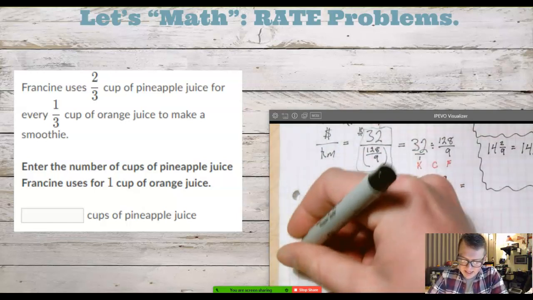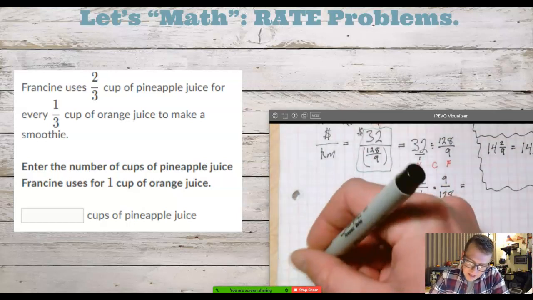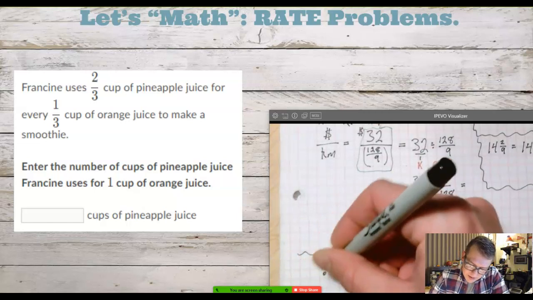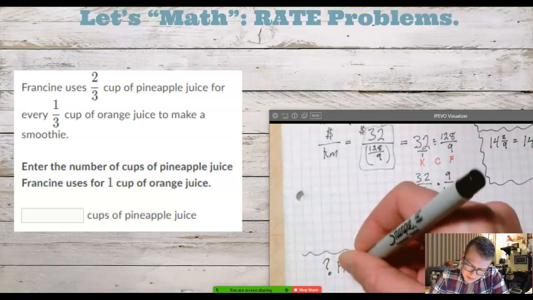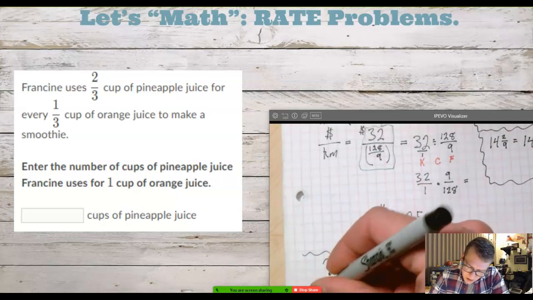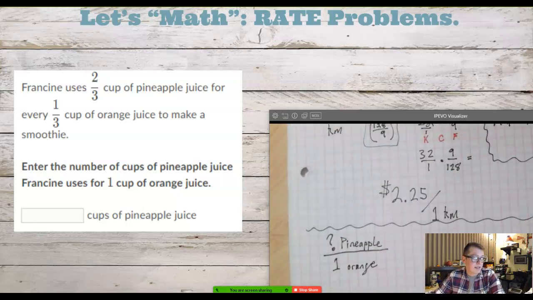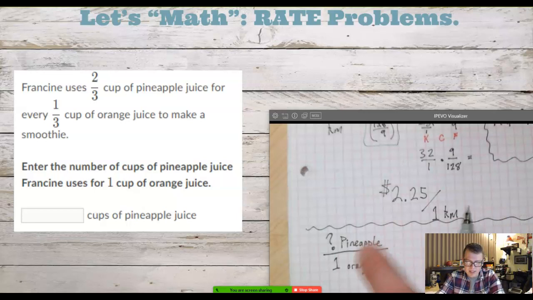So when they set up this problem, how many cups of pineapple juice for 1 cup of orange juice? They want some amount of pineapple over 1 orange, right? Now this is cups, but I'm labeling pineapple and orange because they're both in cups. So we need to get 1 on bottom.